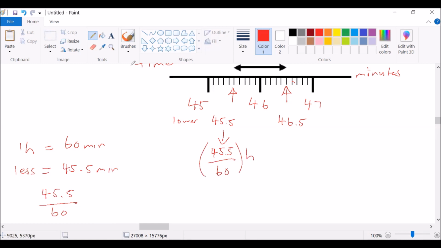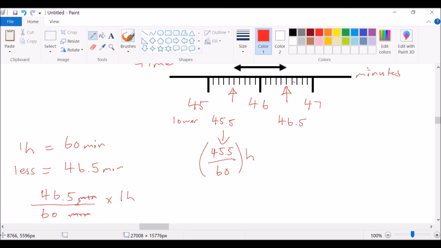The same applies for 46.5. So if it's less, you put the smaller number on top of the bigger number times 1 hour. 46.5 over 60 minutes times 1 hour. Minutes cancel.